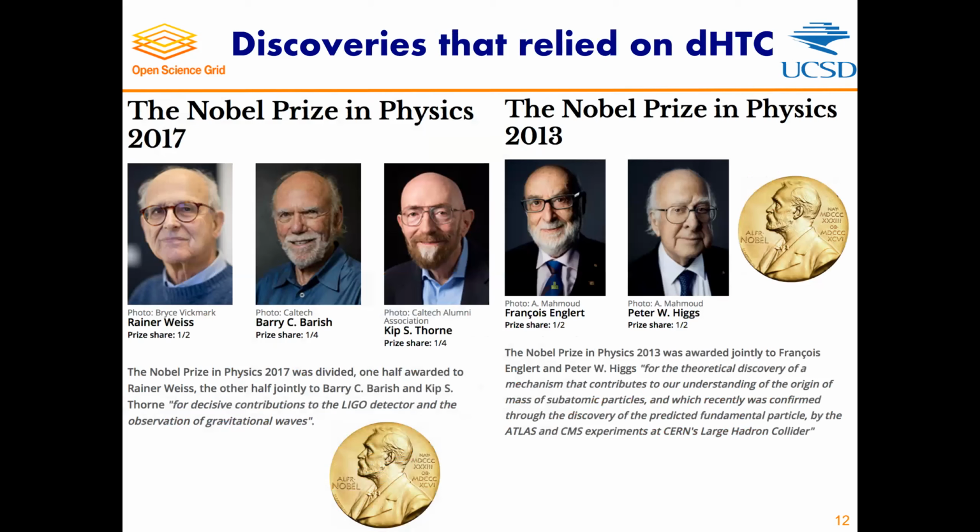One is the Higgs discovery at the LHC, which gave the Nobel Prize to the 2 theorists, still alive, who predicted the Higgs. And then the gravitational wave discovery by LIGO, which gave the Nobel Prize to the people who initiated that project and ran it to completion.